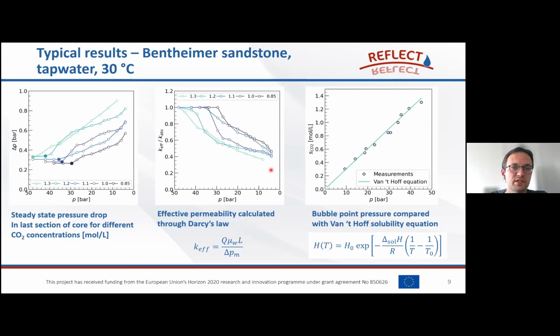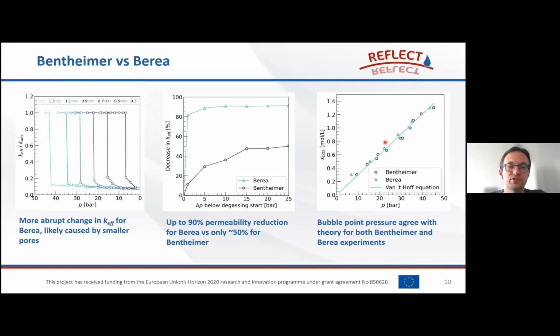Then to see whether this onset of degassing that we find here agrees with theory, we can compare with solubility theory. In this case, we're using a fairly basic theory called the van 't Hoff equation, which is essentially a temperature corrected version of Henry's law. And we find that this is a fairly accurate estimation of when we can expect our first degassing. And like I said, we did this for two different rocks, also for Berea sandstone, which has lower permeability and also smaller pores.